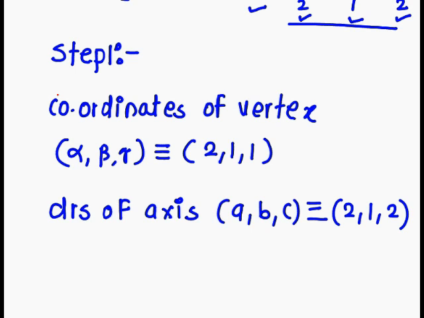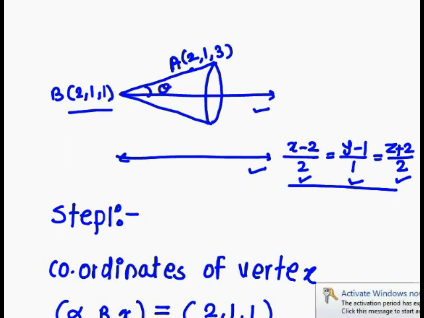We already studied in the prerequisite how to find an angle between two lines. For that we require the DRs of both lines. So here if you observe, the angle is in between the axis and the line AB. So for that we need to find the DRs of AB.